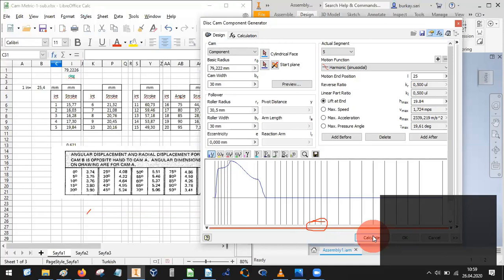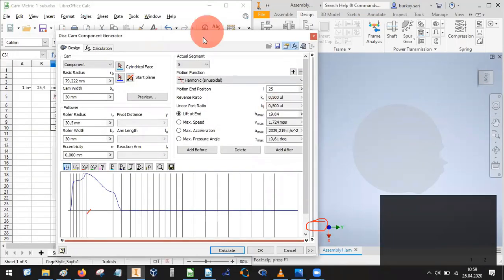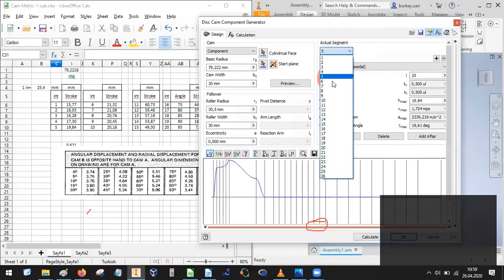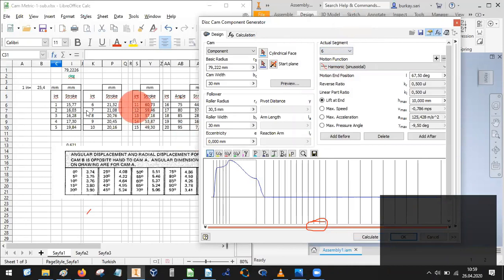It grabs that information and changes the background here. The next one, the sixth one, we have an ending position which is 30 degrees. And here I have the stroke end, which is 21.32. And hit the calculate.